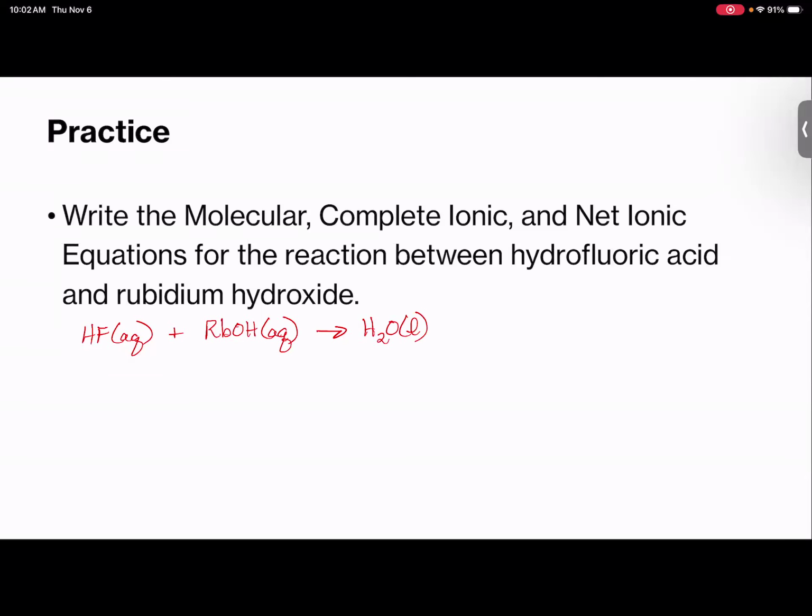And what will be the other product? It will be rubidium fluoride, which I will give you is aqueous, because of the group 1 rule. The reason it's rubidium fluoride is you're going to take the cation of the base and react it with the anion of the acid.